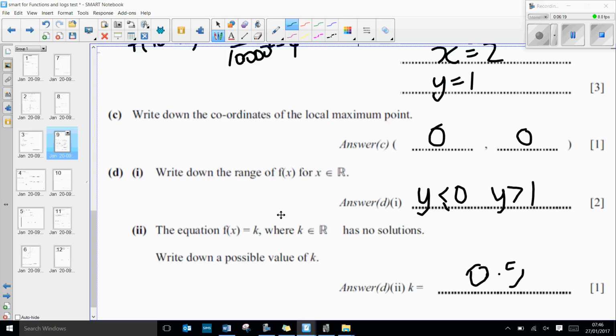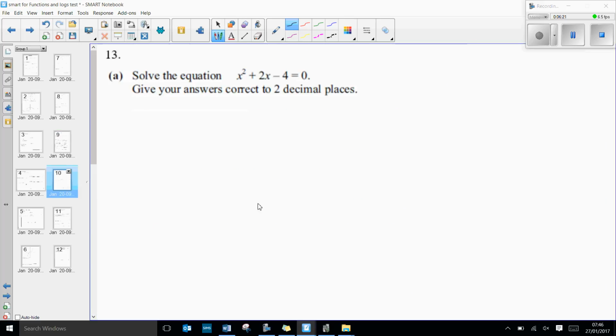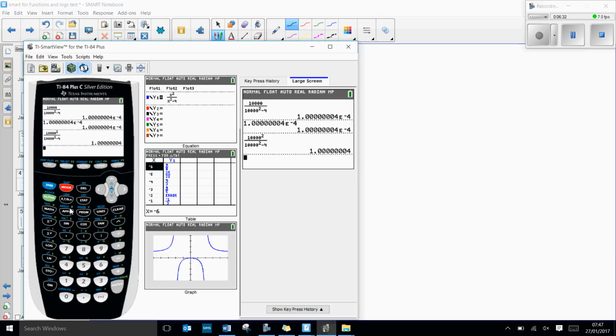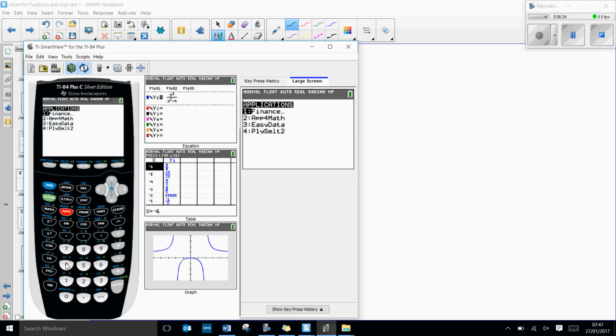Solve the equation, give your answer to 2 decimal places. So this is how you would do that other question that I didn't have my calculator working for. So apps, polysmart 2, polyroot finder.